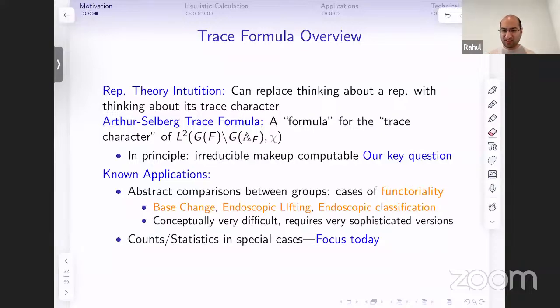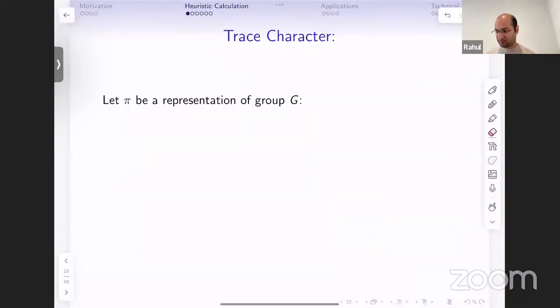So we're going to spend a lot of time on this heuristic of what the trace formula is trying to be, and if you assume that it's what it's trying to be, how you can use that to solve these counting problems. And then after that, we're going to talk about all the technical details that come in. So let's start with these heuristics.